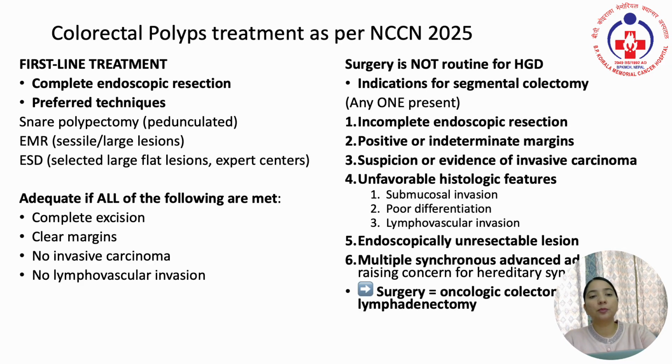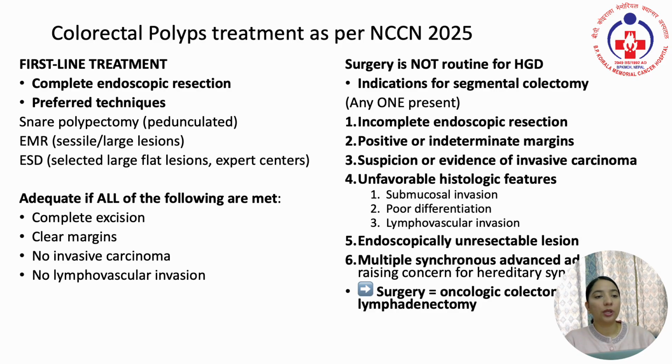For colorectal polyps, as per the same guideline, the first line treatment is complete endoscopic resection. Preferred techniques are snare polypectomy, endoscopic mucosal resection, or endoscopic submucosal dissection, depending on whether the lesion is pedunculated or sessile, or on the size of the lesion. Endoscopic resection is termed adequate when it meets the criteria of complete excision with clear margins, no invasive carcinoma, and no lymphovascular invasion.